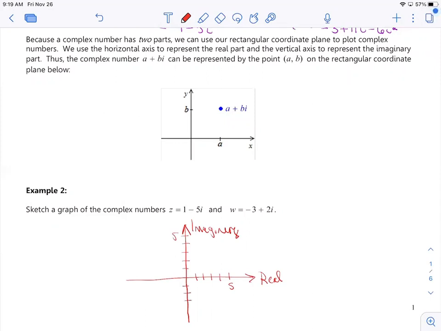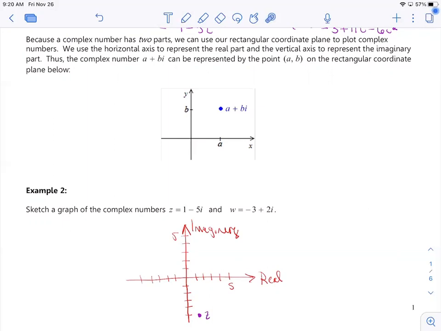And you don't have to write i on your vertical axis because it's understood, since I labeled it imaginary, that it's imaginary. So for z, I want to go over 1 because that's my real part, but then I'm going to go down 5. So this is, and give myself a different color, this is where z will live.